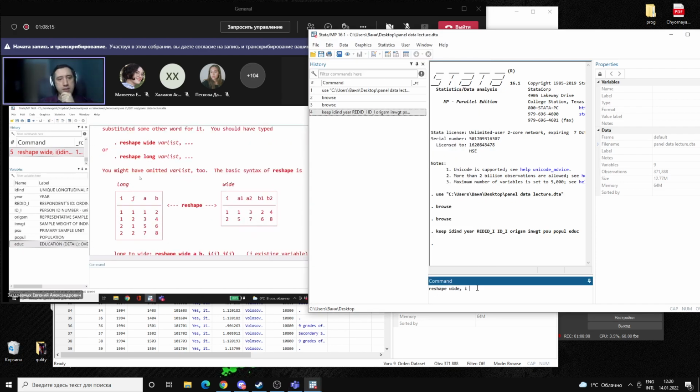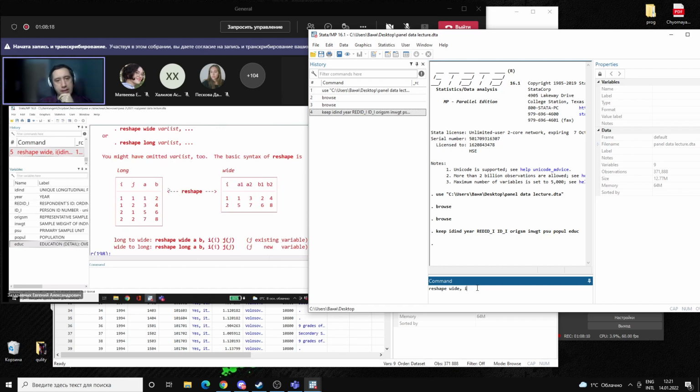Look, what's the difference between long and wide? If you have long data, well, in panel data, we have two dimensions, as I mentioned. The first dimension is i. The second dimension is t, year. Usually i is the individual level dimension. It is a long form of data. If we speak about the wide form of data, we have just one dimension.